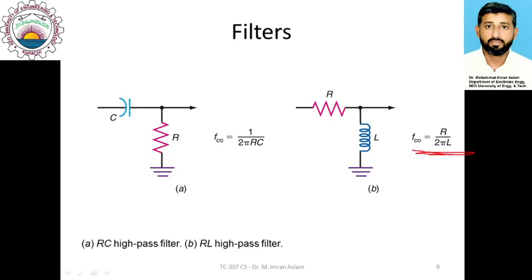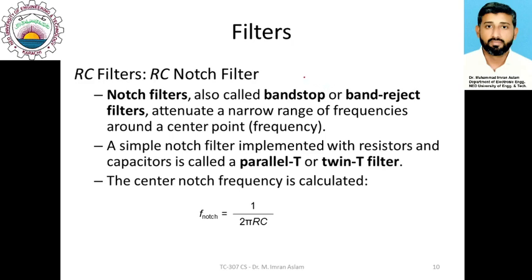The cutoff frequency for this RL filter is given by this expression, R upon 2 pi L. Again, this cutoff frequency is calculated by the same principle, that the inductive reactance becomes equal to the resistance. So you can calculate the cutoff frequency by using this relationship.